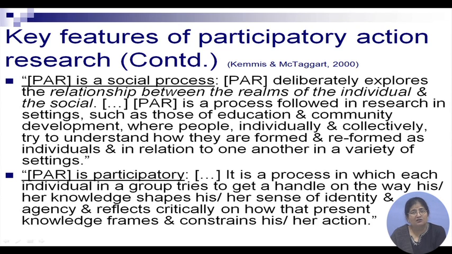PAR is participatory. It is a process in which each individual in a group tries to get a handle on the way his or her knowledge shapes his or her sense of reality and agency. Agency is what you can and cannot do, what you think you're capable of doing, what you're able to accomplish, and reflects critically on how that present knowledge frames and constrains his or her action. So it's a process in which each individual tries to understand or become comfortable with the way his or her knowledge shapes his or her sense of reality.